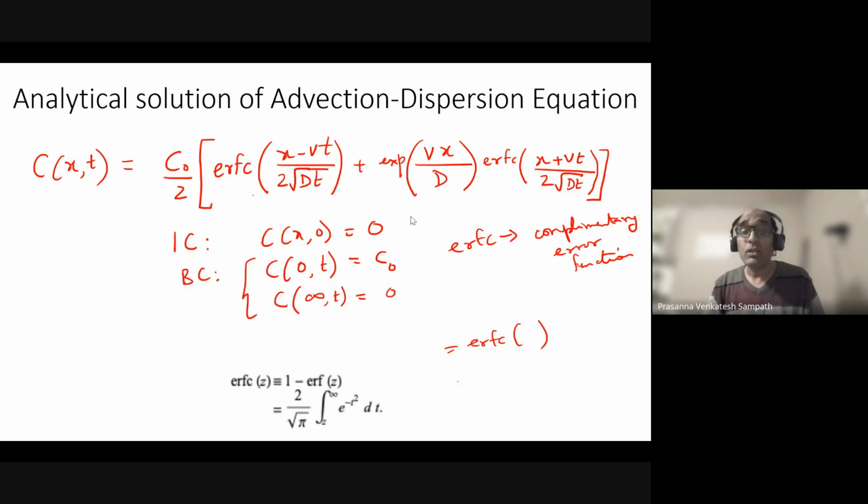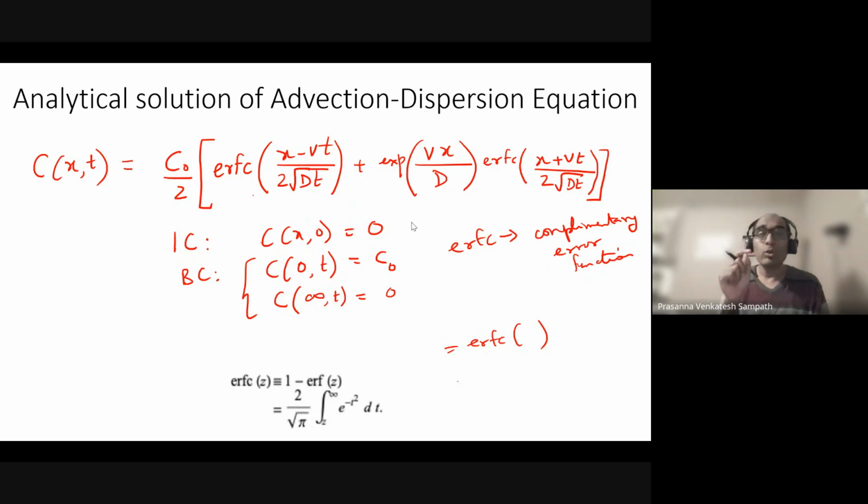Anyway, so basically the idea behind the analytical solution is to allow us to come up with an expression for the concentration at any point in space and time, given the incoming concentration is C naught.